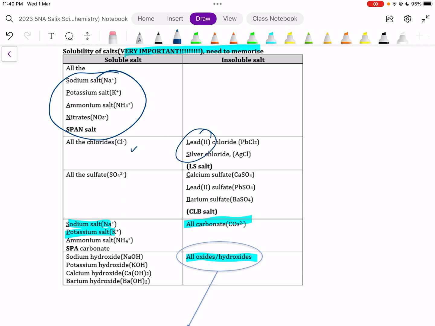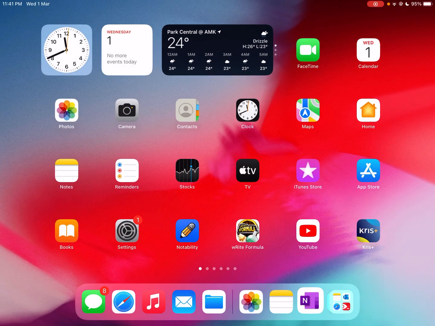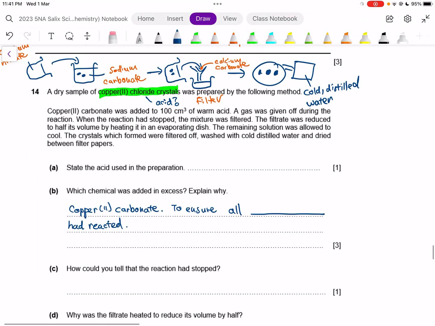So copper(II) chloride is actually soluble. So this one is a soluble salt.